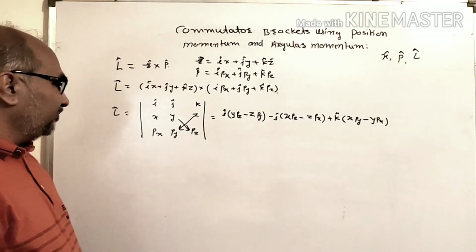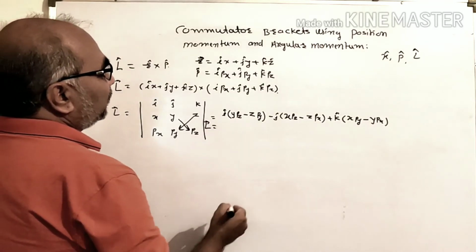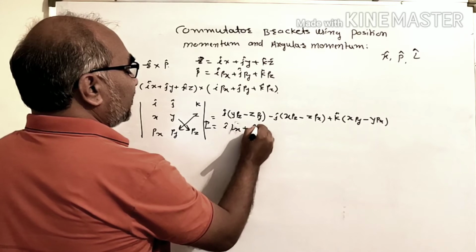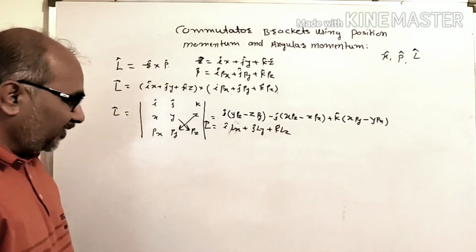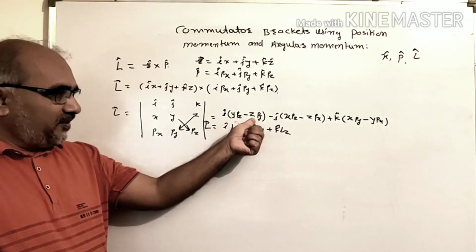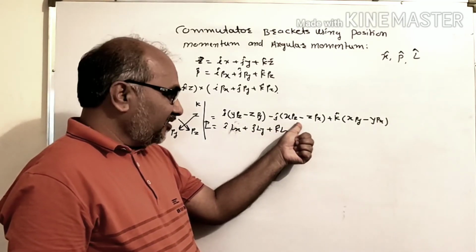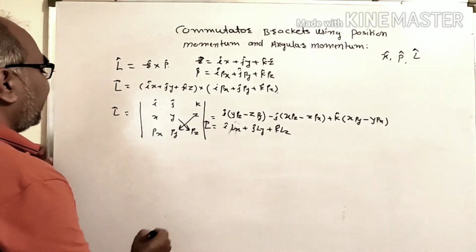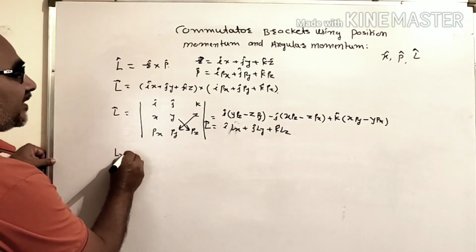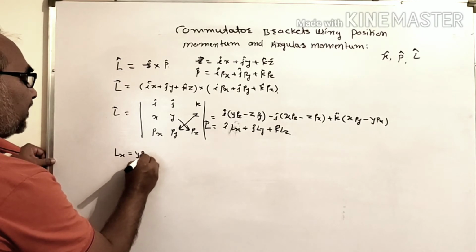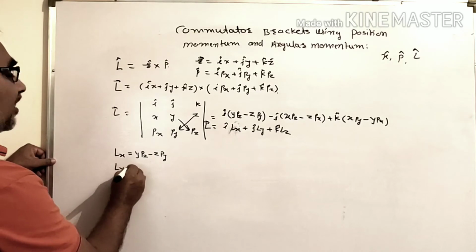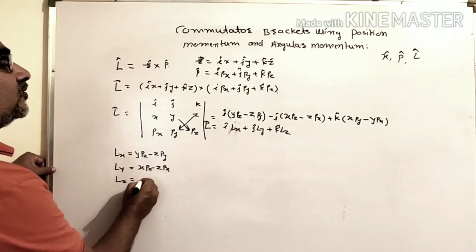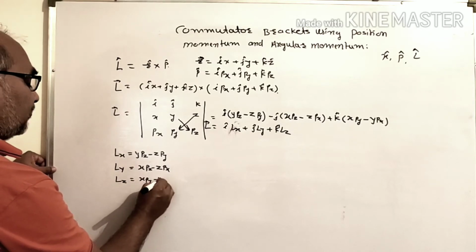So this L vector is equal to i Lx plus j Ly plus k Lz, which means Lx is equal to y pz minus z py, Ly is equal to z px minus x pz, and Lz is equal to x py minus y px.